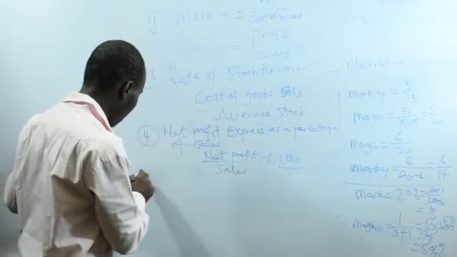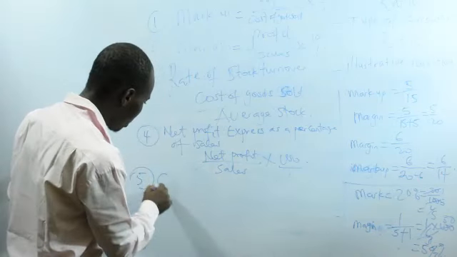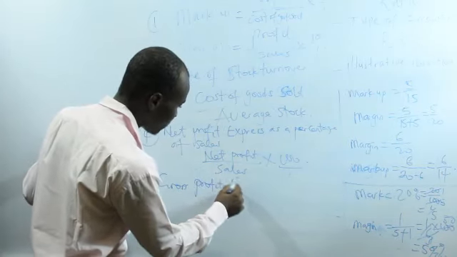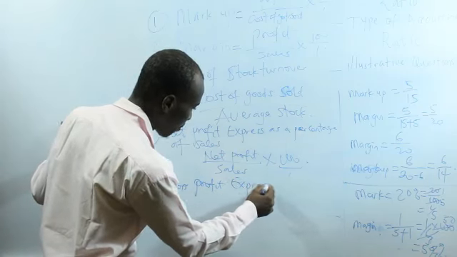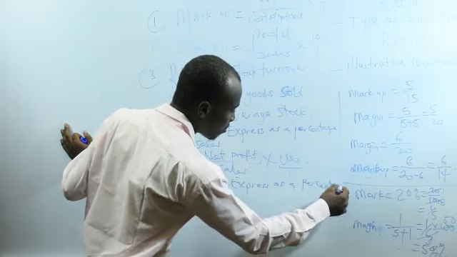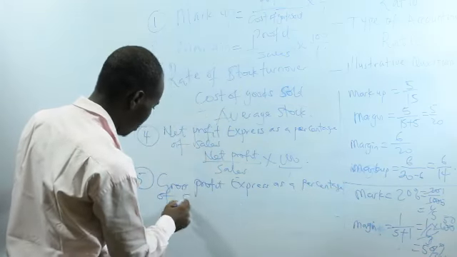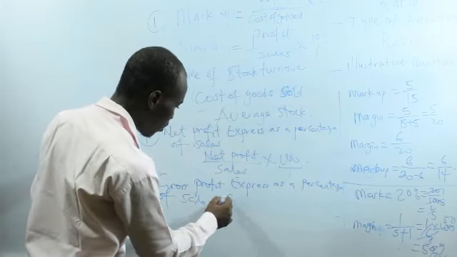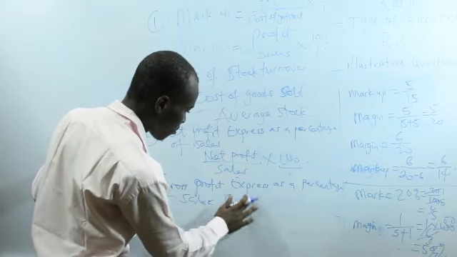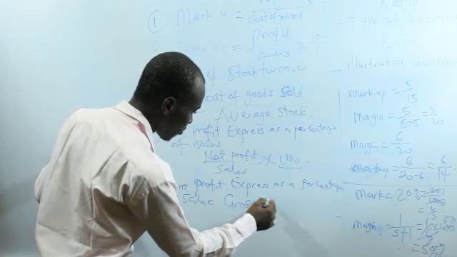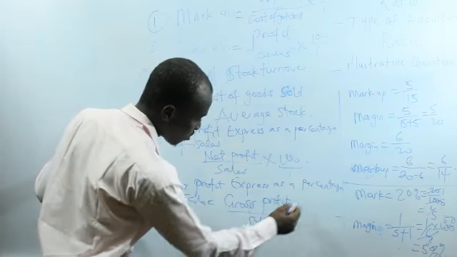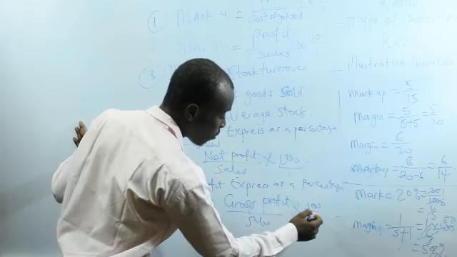Now we have the next ratio, which is the gross profit expressed as a percentage of sales. So that will be gross profit over sales times 100 over 1.